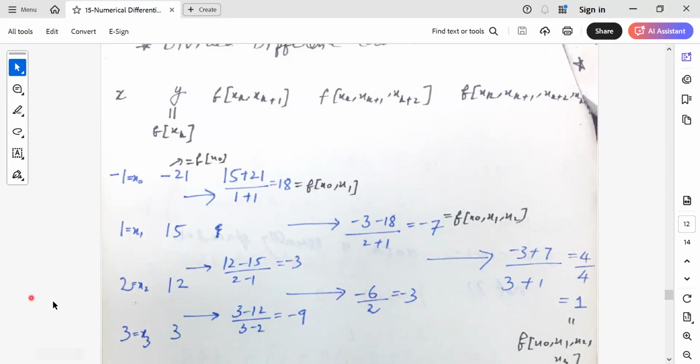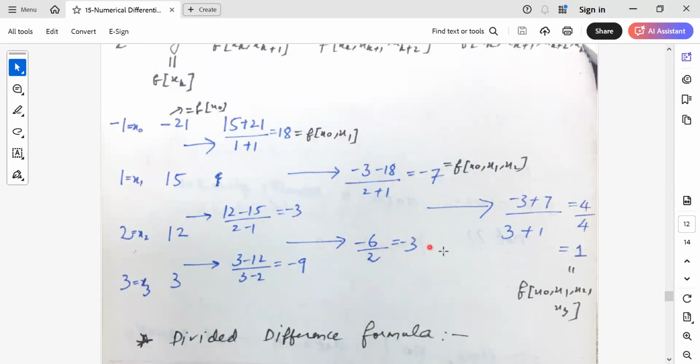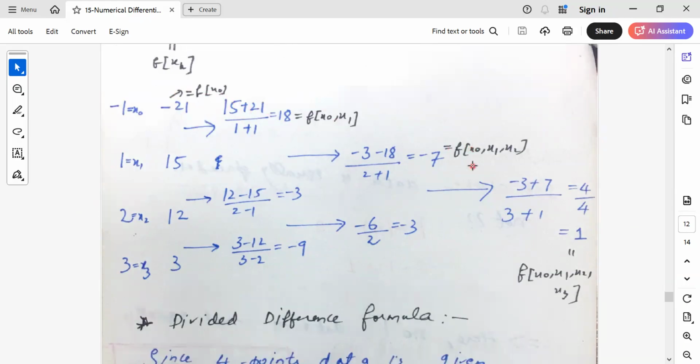In the next step you will skip this 1 and this 3 and you will get the second column here. Moving on, skipping the values between these values, you will get the data values here. So the upper diagonals are the divided differences. This one, the first one, this one, and this one.